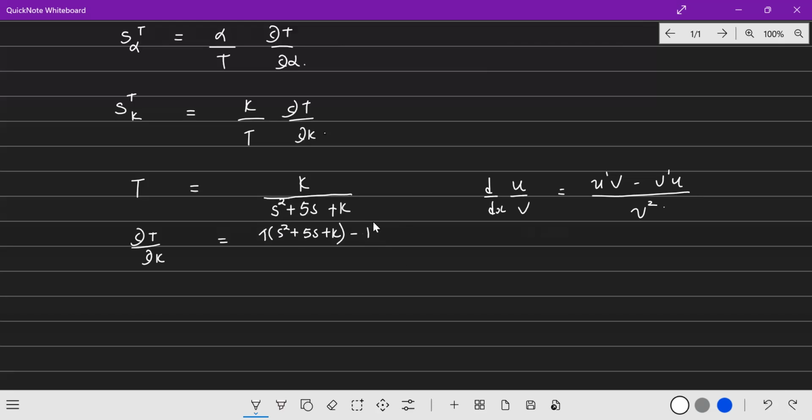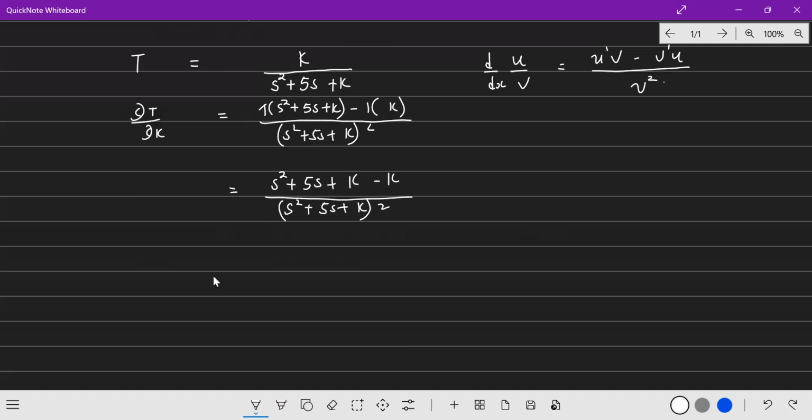So this will be 1 times K in the numerator, divided by s squared plus 5s plus K, squared. This can now be simplified as s squared plus 5s, plus K minus K, divided by s squared plus 5s plus K squared.